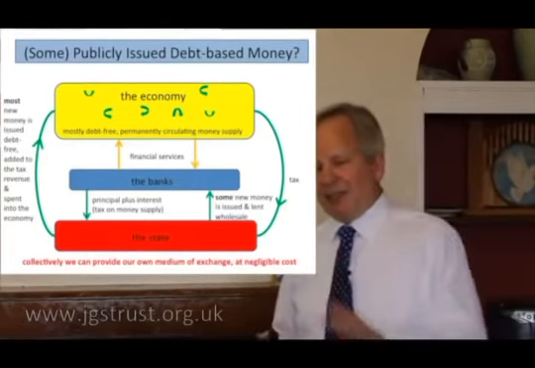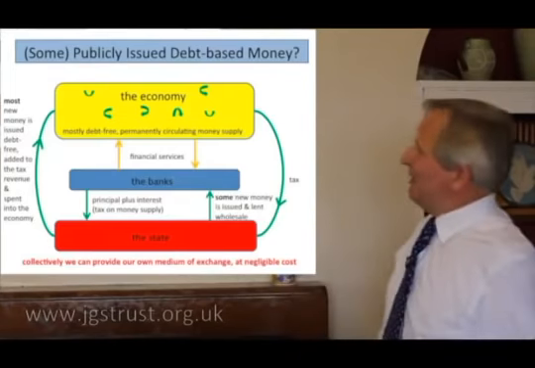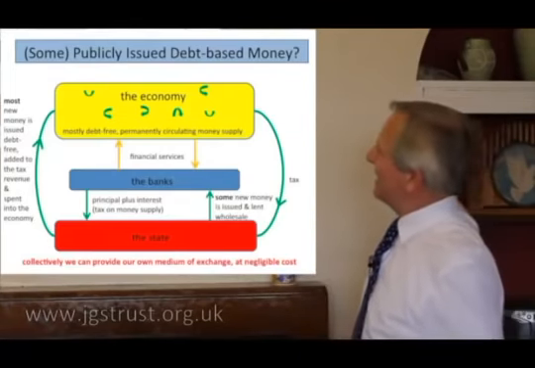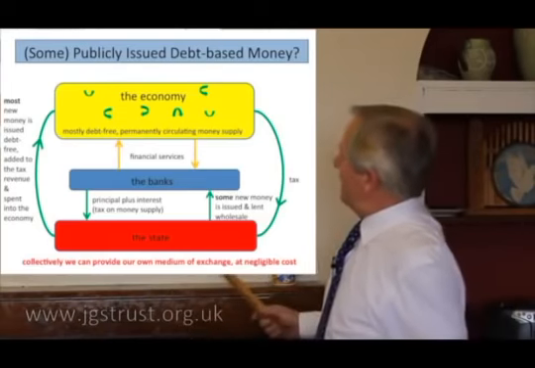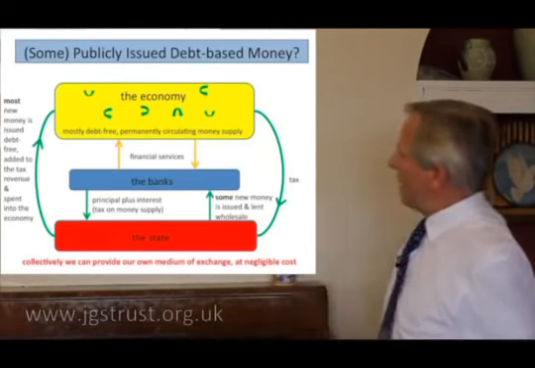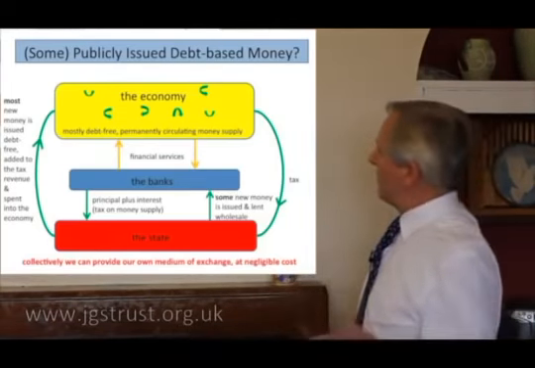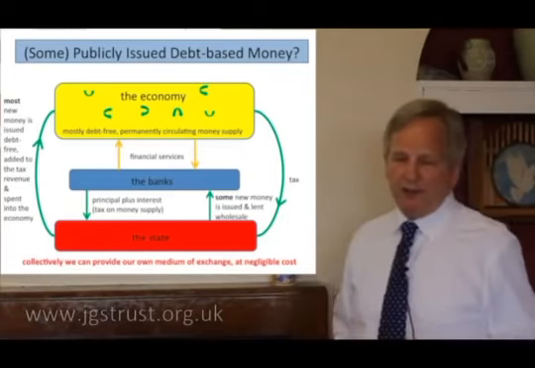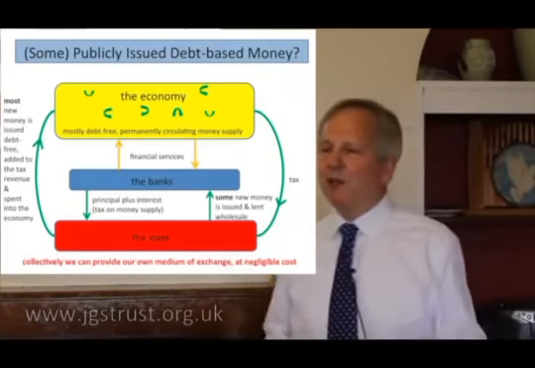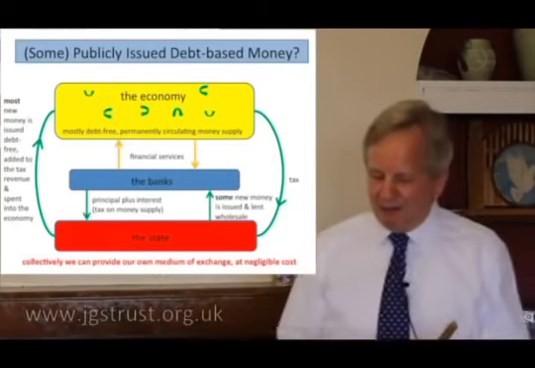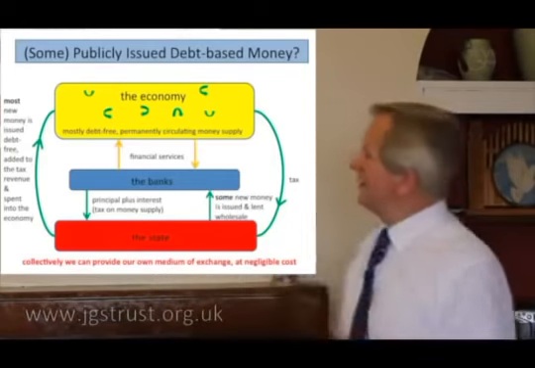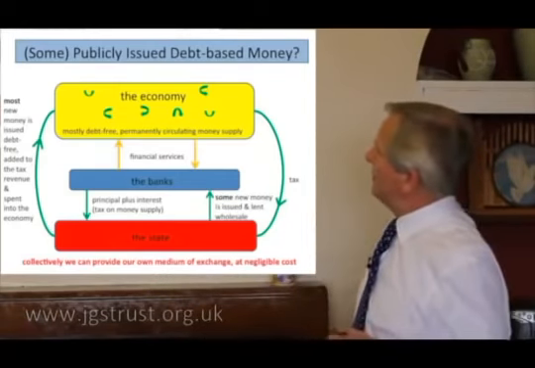So I'm just having a dig at the anarchists here who I often debate with on the internet. So collectively we can provide our own medium of exchange, our own bunch of numbers at negligible cost. You have to pay some guy to type them in, sure, but it's not a big expense. So that's the alternative which we're all working towards.